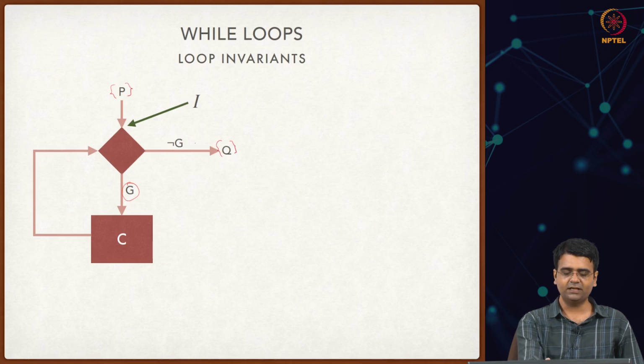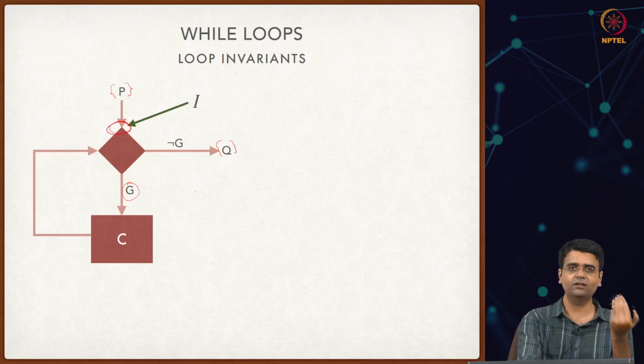So in this picture, where does I stand? I is used in order to depict the set of program states which are at the beginning of any iteration of the loop. Let's consider any iteration of the loop. If you consider the 0th iteration, this is the very beginning. These are essentially all program states which are in P. In addition, any state which occurs after any number of iterations, let's say after you do one iteration, which means after you execute C once, you are again going to get a new set of program states.